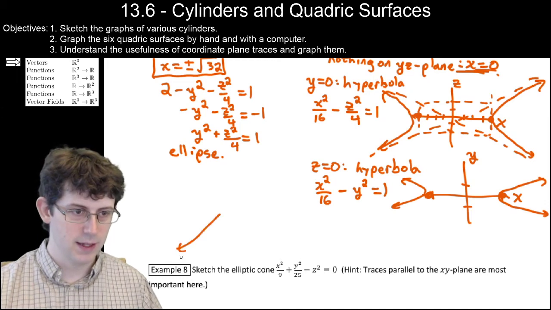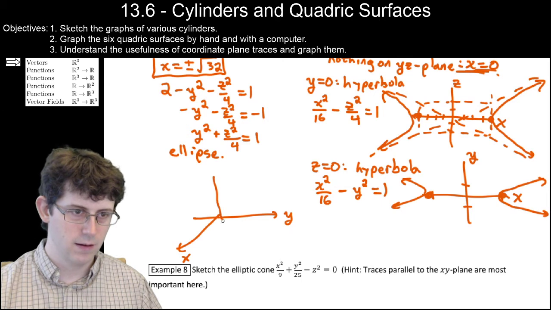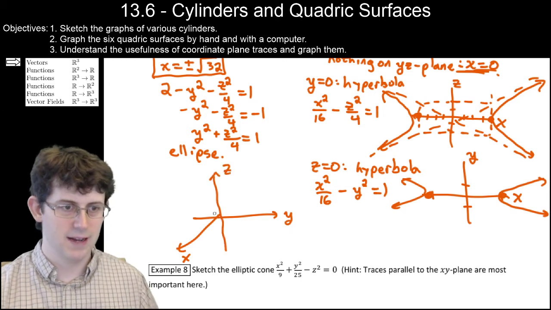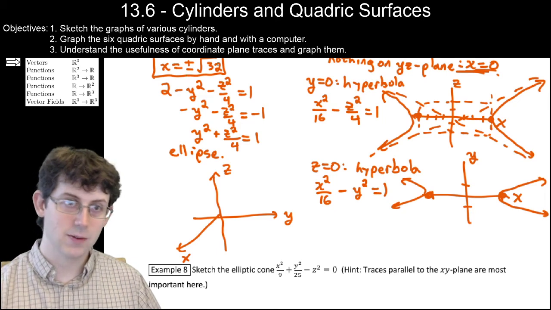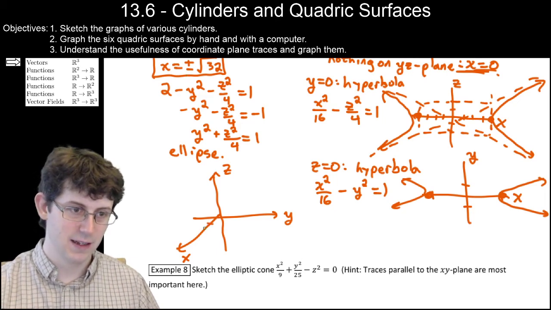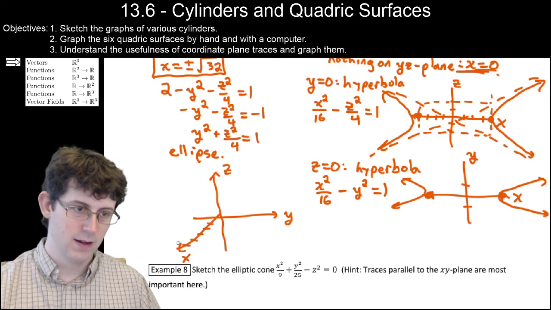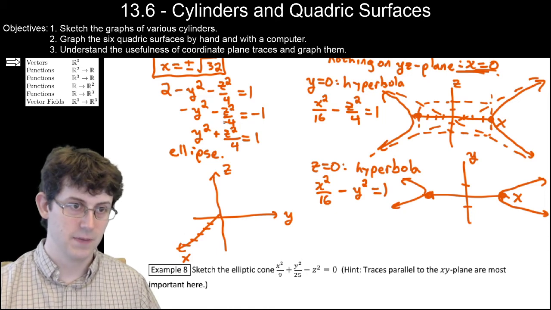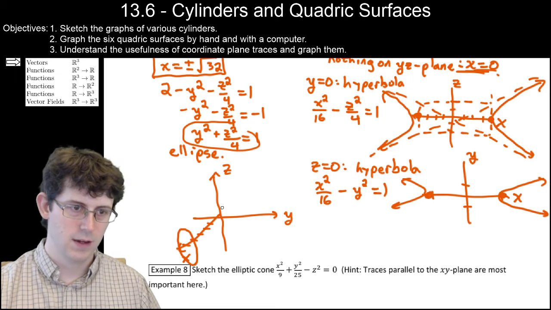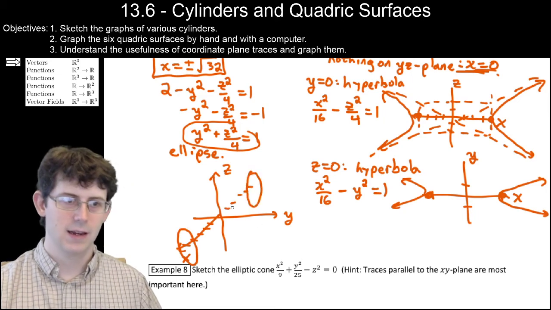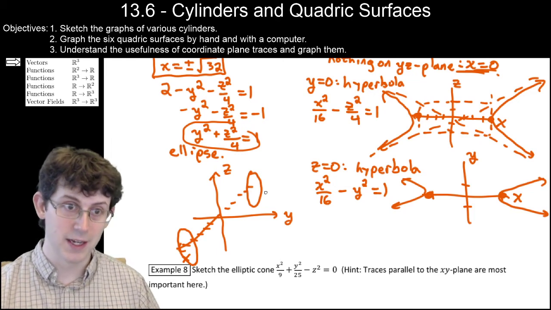So the shape is going to have nothing on the YZ plane, but out here at x equals between 5 and 6, I get a little ellipse, this one. And same thing at minus 5 or 6. And then I have hyperbolas out there.